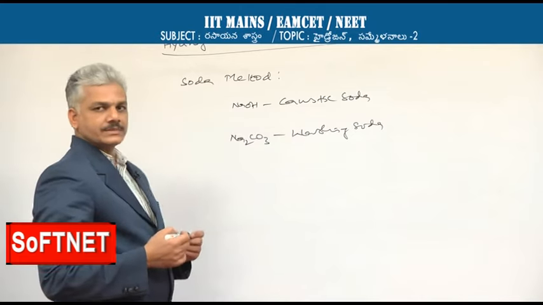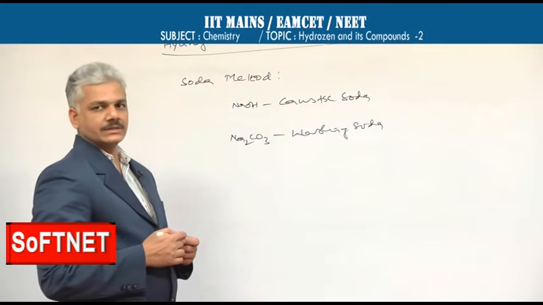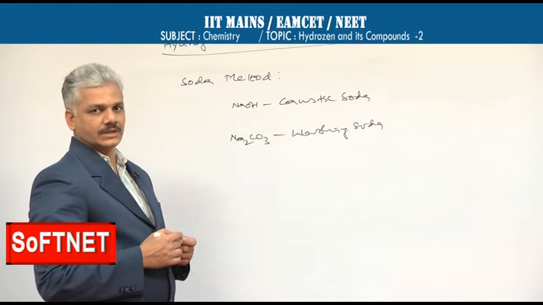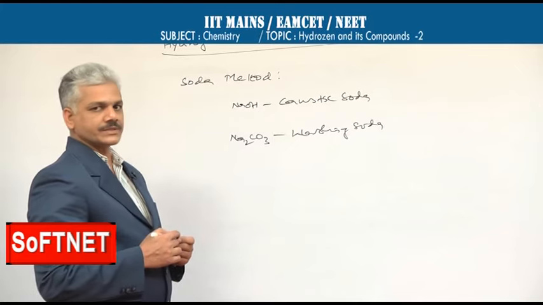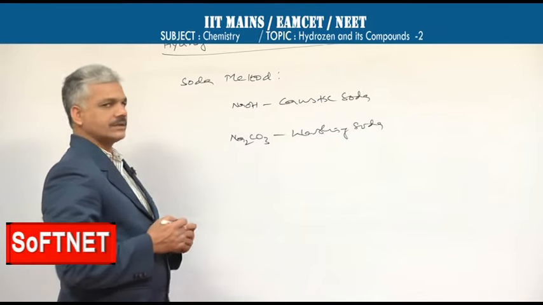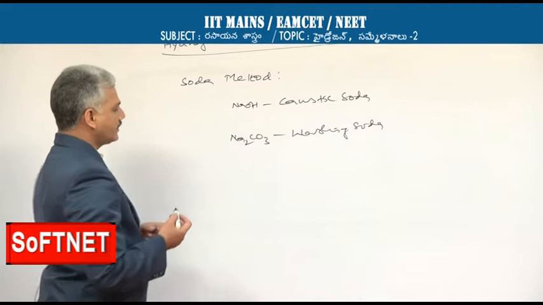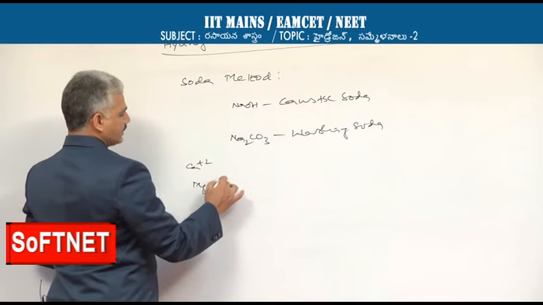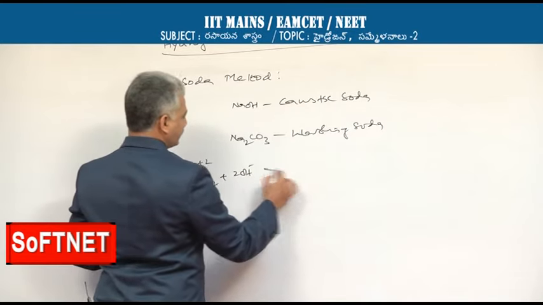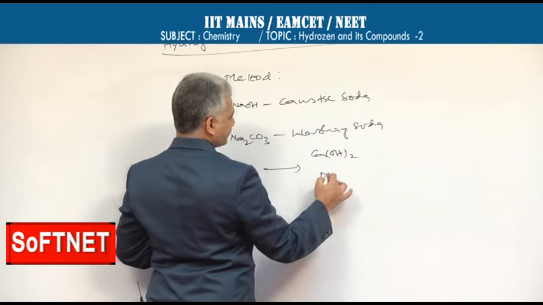When these substances are added to hard water, they will convert soluble calcium and magnesium ions into corresponding insoluble compounds. In that way, hardness is removed. When caustic soda is added to hard water, the calcium and magnesium ions are removed in the form of their insoluble hydroxides.